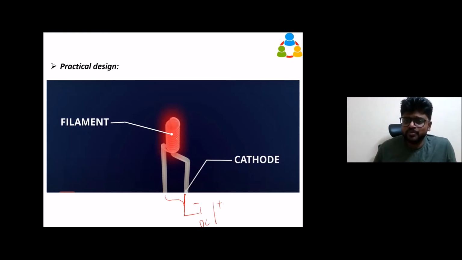When the electrons move through high resistance, by Ohm's law there is more voltage drop, and the heat energy will be I squared R T. The more current, because of the high resistance, the more heat energy dissipated. So it starts to glow. Our purpose is not making a bulb. We are using this filament, and inside the filament there is this cathode.